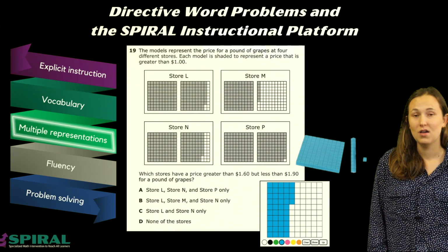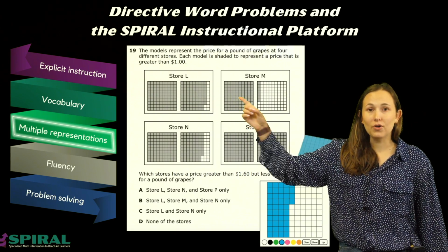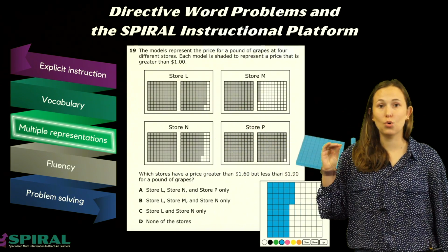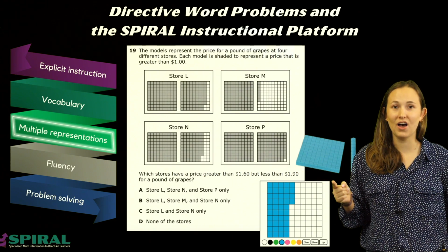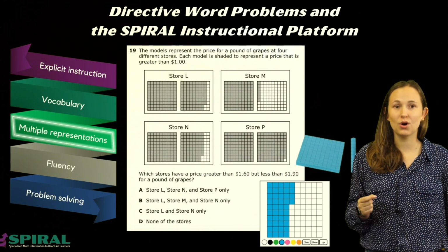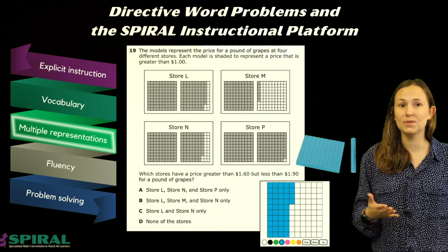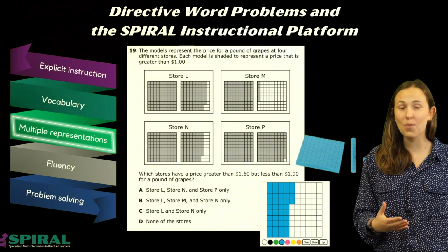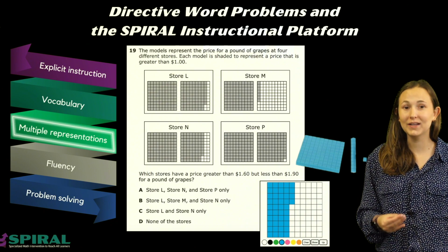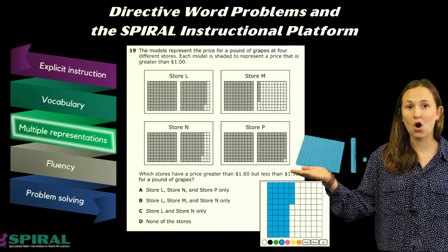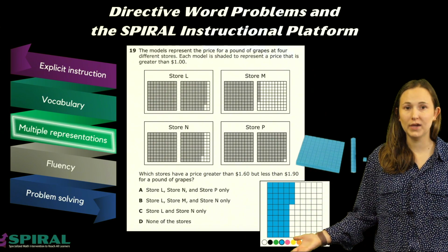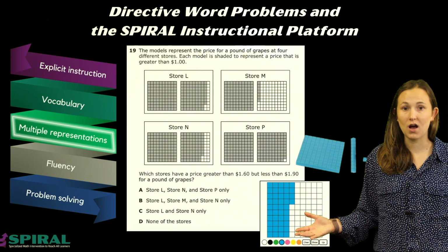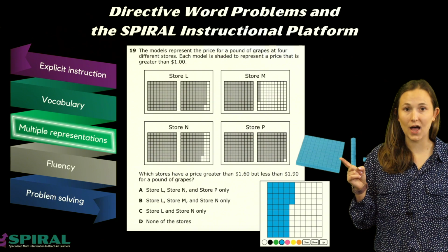And here, we can see that these models are a pictorial representation of a hundreds flat. So students will likely be more successful in solving this problem if they've had frequent experience with our concrete base 10 blocks, as well as the pictorial version of our hundreds flat here.